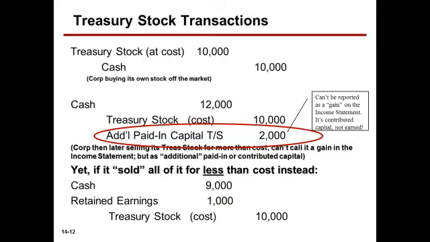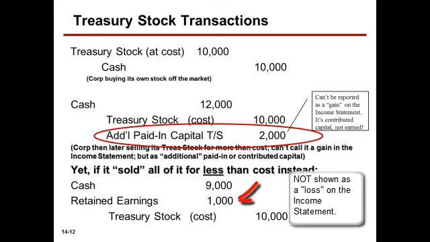Now, let's say it sold all of that $10,000 treasury stock at less than cost rather than more than cost, booking the cash, $9,000 debit, increasing that, reducing again treasury stock at cost, $10,000. If that was sold, it's got to come out of the books. But now they've received less money, $1,000 less than cost. That could be directly debited to retained earnings.